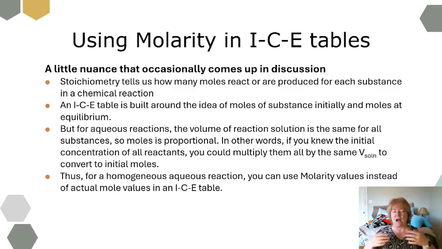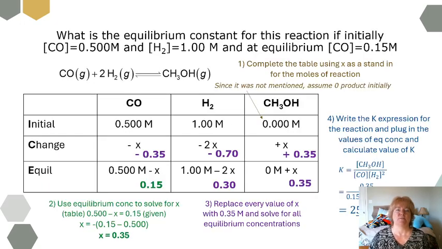I could multiply them all by that volume of solution to convert to moles, figure it out, and then go back. So for a homogeneous aqueous reaction, we can use molarity values instead of moles in the ICE table, and that makes life much easier. But occasionally that comes up as a little trick. Stoichiometry is really based off moles, molarity is moles per liter, but we will use molarity in ICE tables.